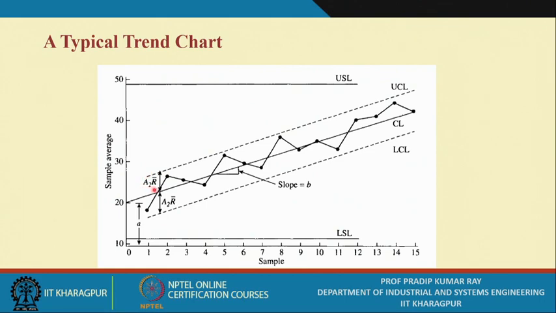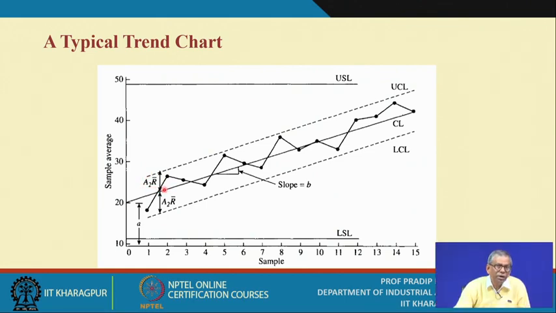You are already aware that in the X bar control chart, the upper control limit is placed from the central line at a distance of A2 R bar on one side, and on the other side the LCL is placed from the central line at a distance of A2 R bar.